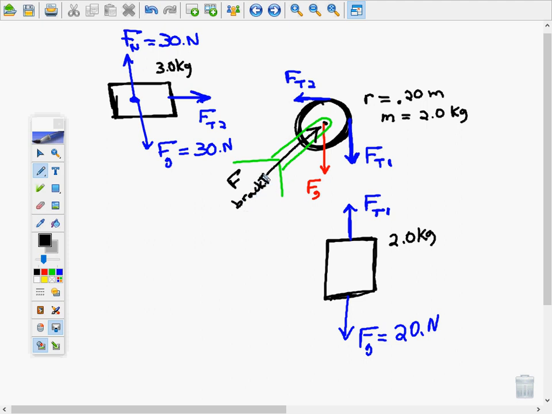But we're only going to be analyzing the forces that are causing torques. And since both of these forces go right through the center of the pulley, they don't do any torquing. So they're not going to be significant in this problem, but they are there. Bravo for bringing that up.